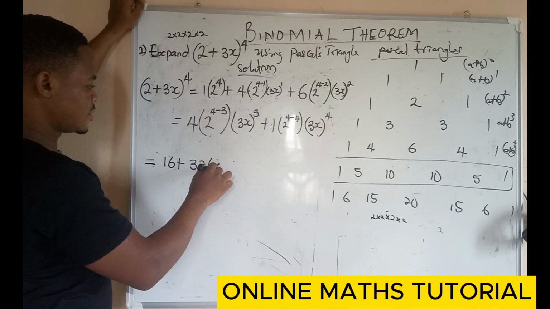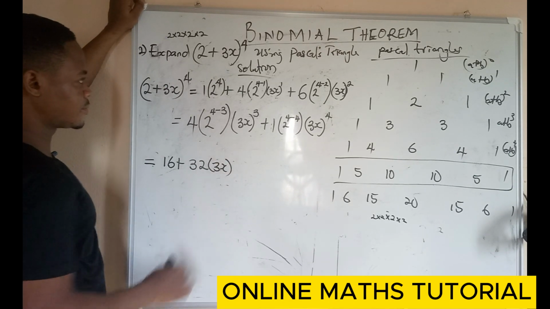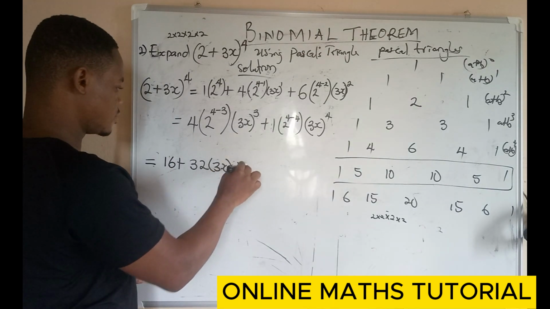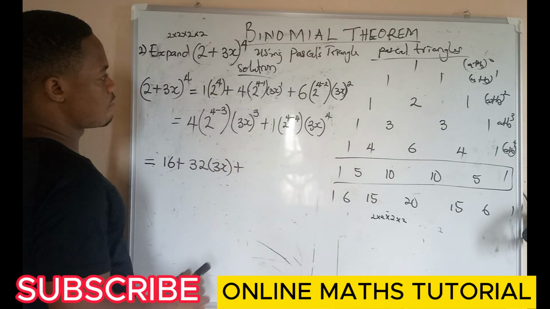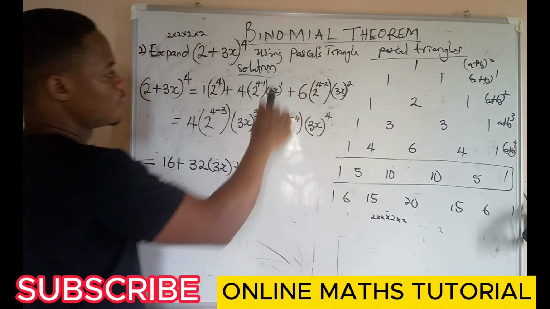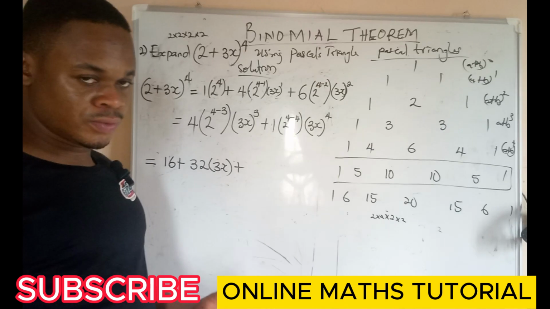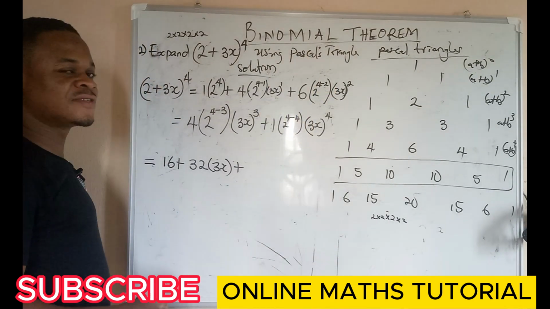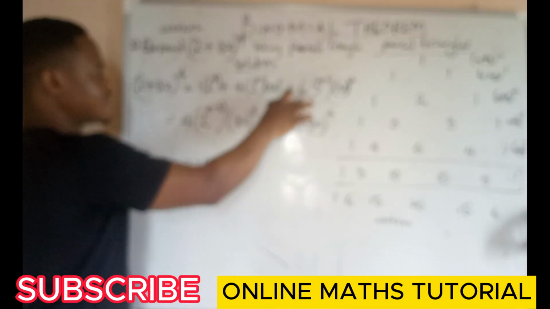So we have 32 into 3x, plus 2 raised to the power 4 minus 2. 4 minus 2 here is 2. So we have 2 raised to the power 2. And 2 raised to the power 2 is 4. 4 times 6.